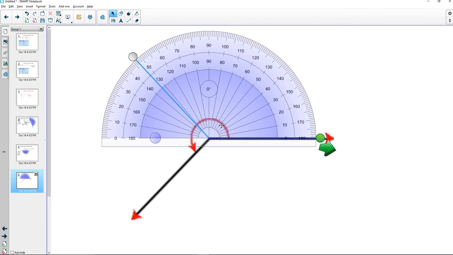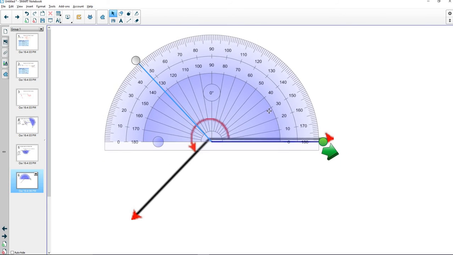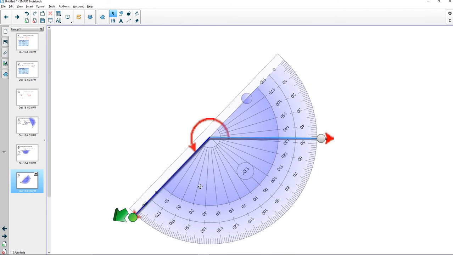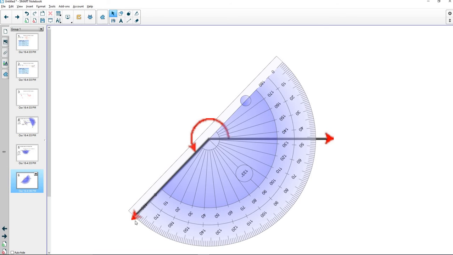I'm thinking about placing it along this line here. Okay, so now I've got it on the line. I then go from the 0 and I measure to the end. So what I have left with is 134 degrees.